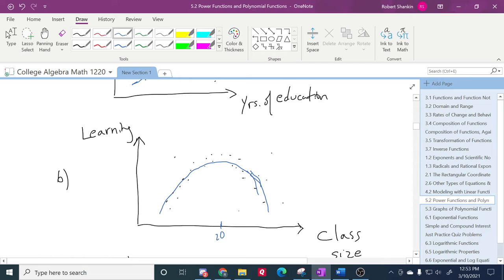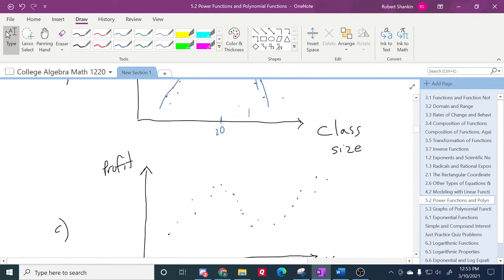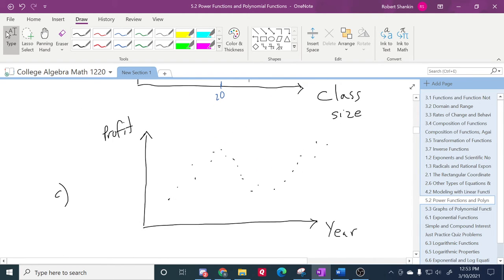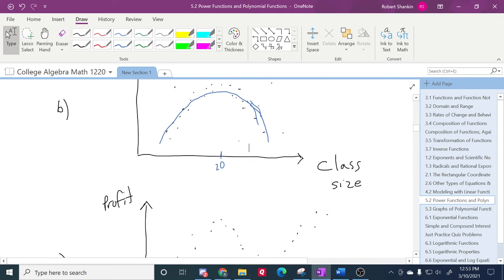But you could get some kind of model for the situation, a mathematical model for it. Suppose a company is following its profits in certain years, and it goes up, down, back up. Now here, yes, it's a parabola.